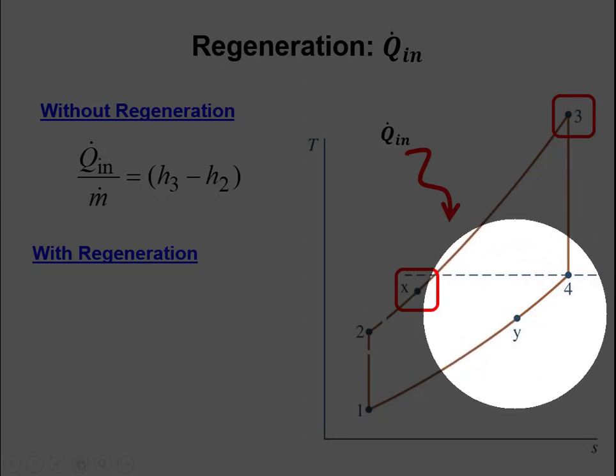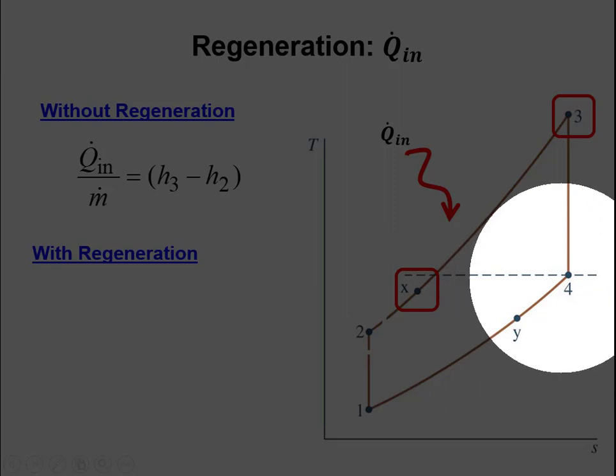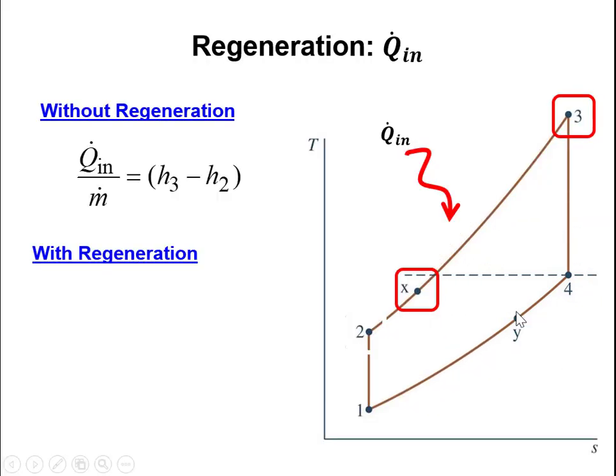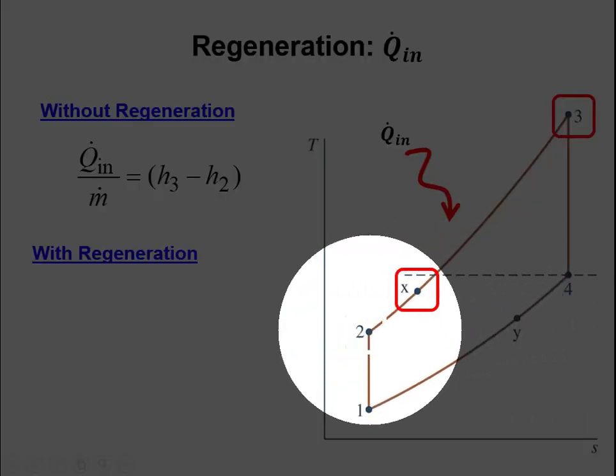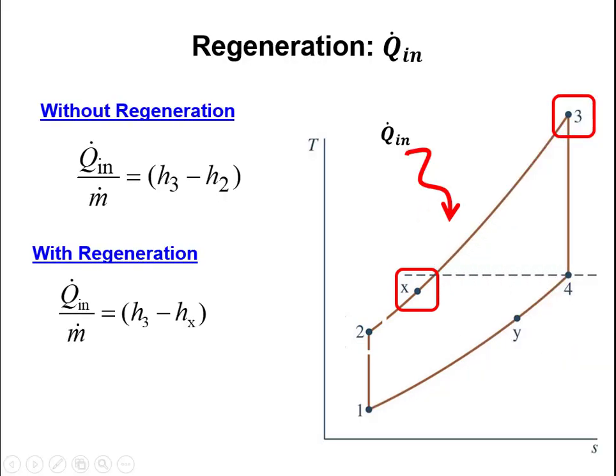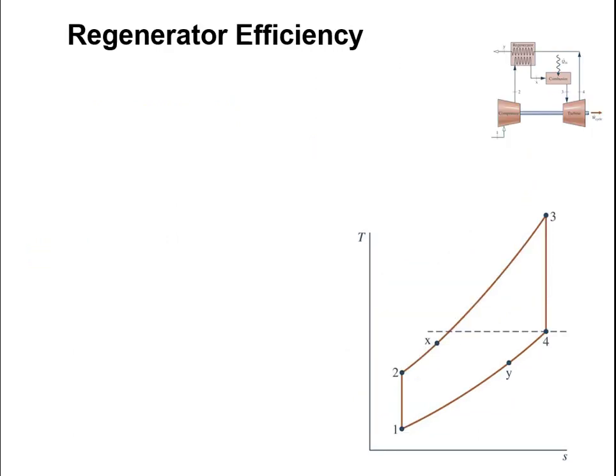And we move to this intermediate state Y. And when we do that, the heat that gets lost from this fluid is transferred to the working fluid before the combustor. So we move from 2 to X. So with regeneration, we only have to put in enough heat. We only have to burn enough fuel, natural gas, to move from state X to state 3. So we save ourselves a little bit of heat by using heat that we've kind of already paid for, that we would otherwise just exhaust to the environment.